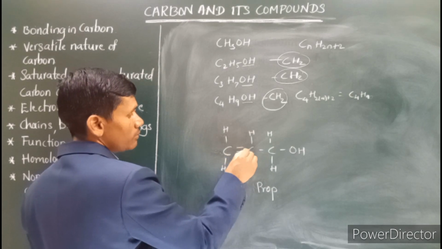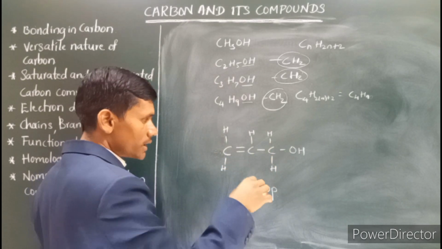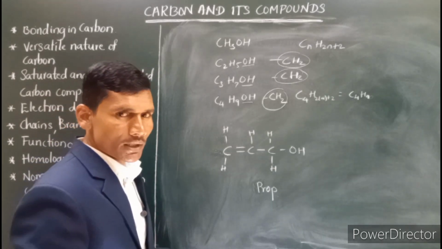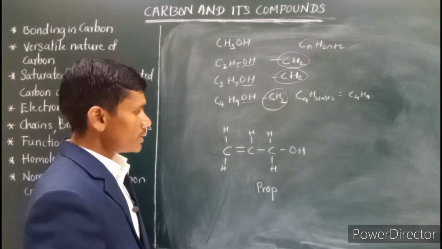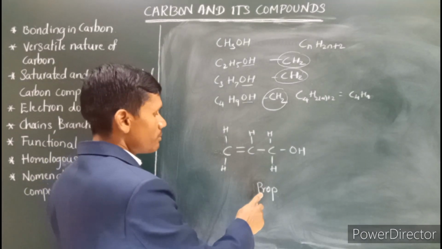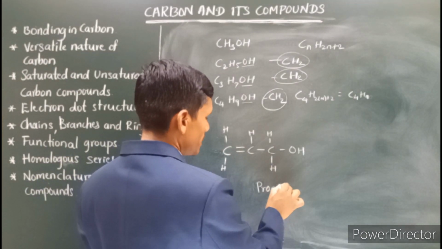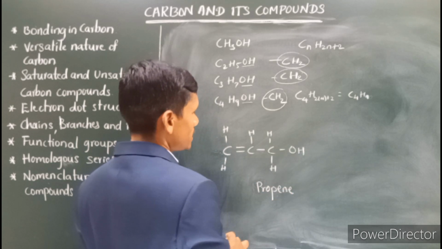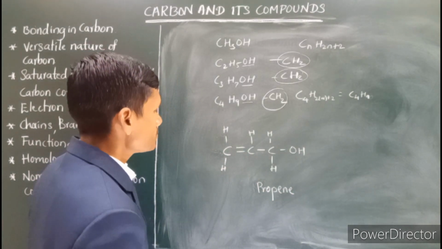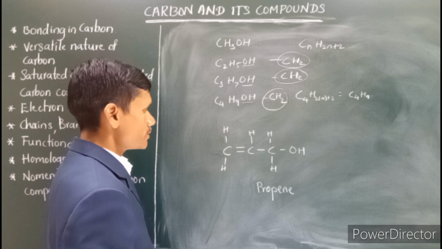Now you have to go for bonds. Check the bonds, whether there is a double bond, single bond, or triple bond. Now on one side it is a double bond. So prop, with a double bond, propene. Okay, propene. And one alcoholic group is there.